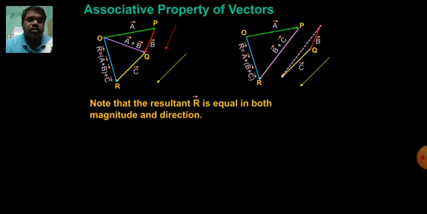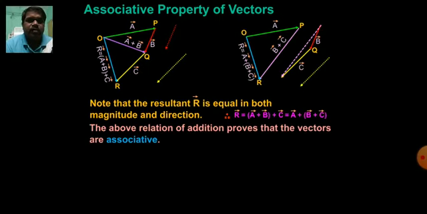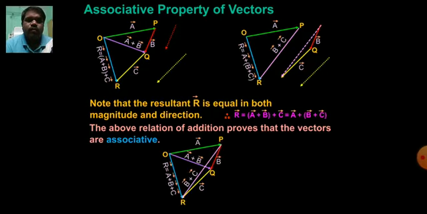In both cases the resultant is equal, and that is why it is said to be the associative property of vectors. Here it is given that the above relation of addition proves that the vectors are associative. So this is the appropriate figure.